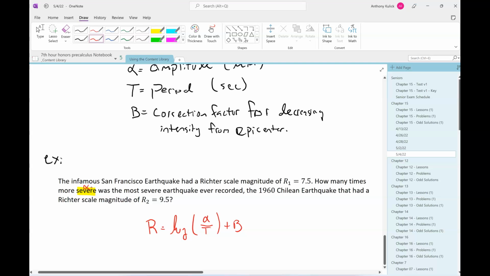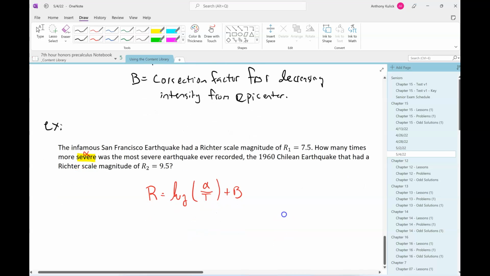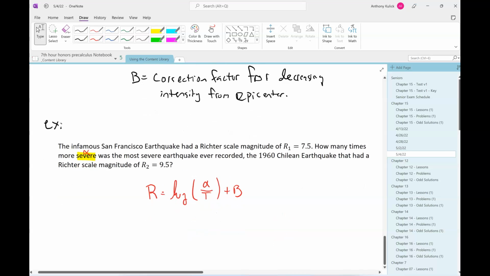Everybody's cool? Notice here we're not given any information about alpha or T or B, and we're given two R values.